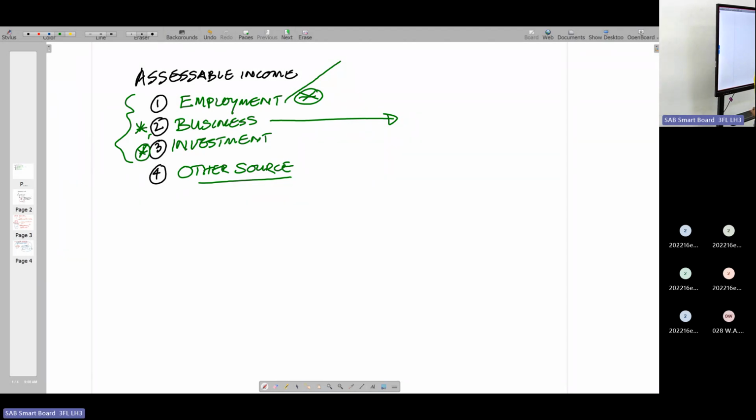You remember that section 10 says any expenditure we cannot deduct when we ascertain the employment income. Expenditure can be deducted when we work out business or investment income.